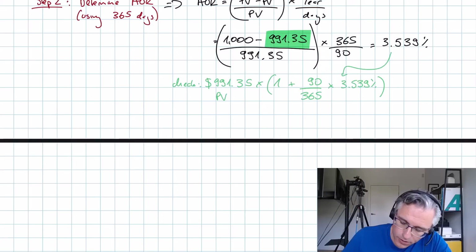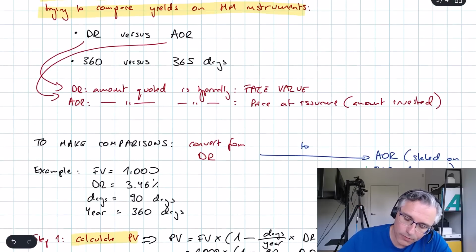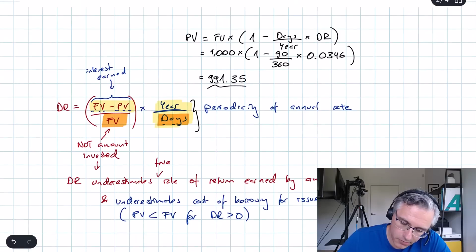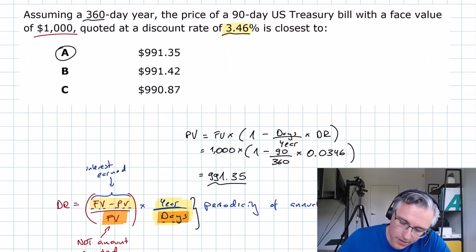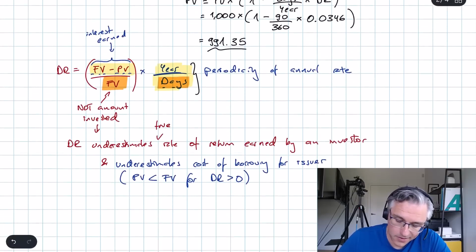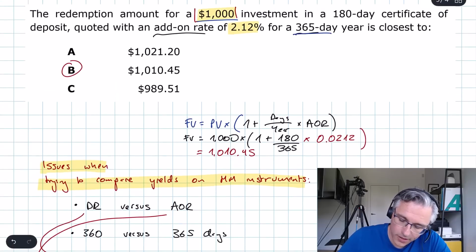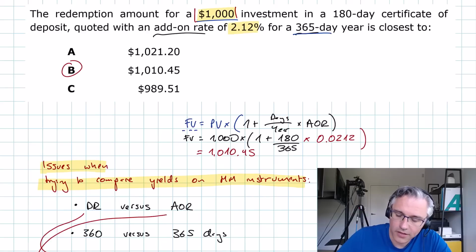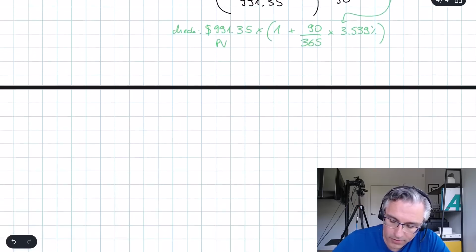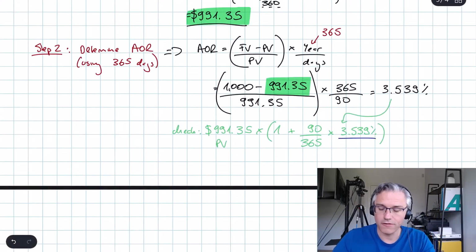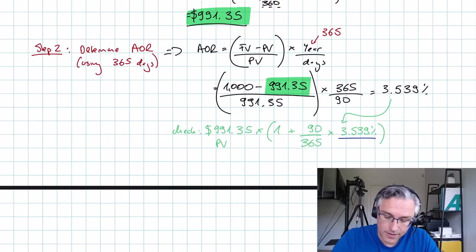You see, effectively what I'm doing here is the same thing that we wrote out earlier, where we were computing the FV. It was PV times 1 plus days over year times the AOR. Well, I effectively have done the same computation here, but using the number 3.539. Let's see what that gives.